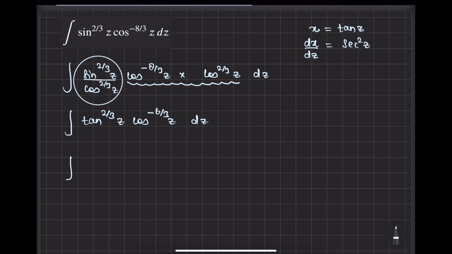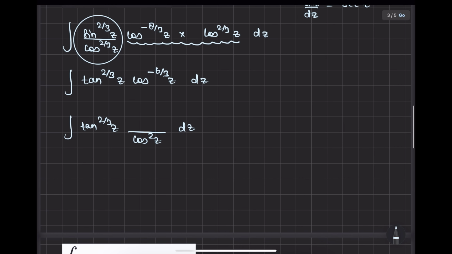So let's break this thing. So tan 2 by 3 z, we will have cos square z dz, correct? Now this cos square will become what? Sec square, exactly. So tan 2 by 3 z sec square z dz.